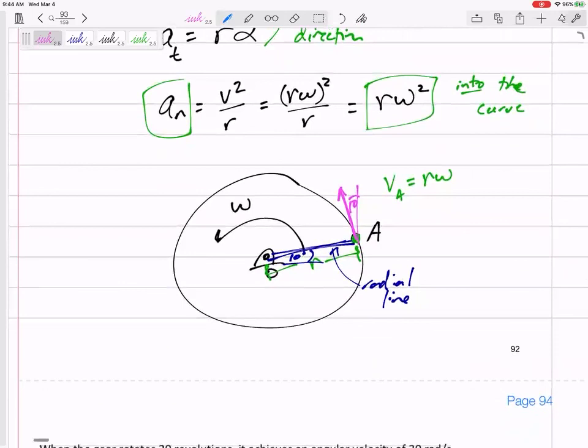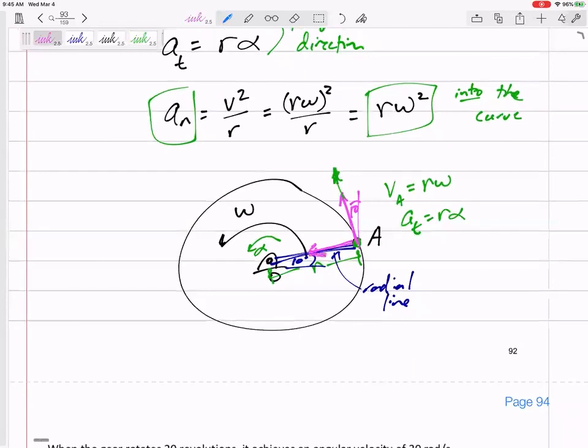Okay, my A tangential would be r alpha. So it would be along the same direction as velocity, assuming alpha is also in that counterclockwise direction. So A tangential and velocity are going to be along the same line. Now, one might be positive, one might be negative, but they're along the same line. A normal, where is A normal?